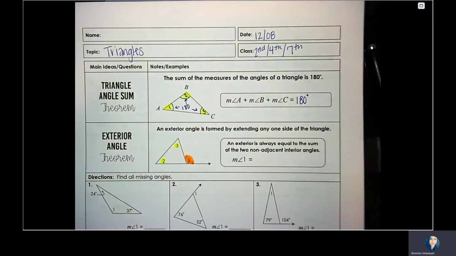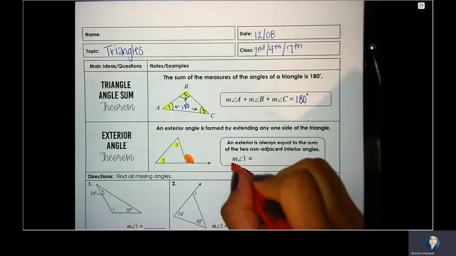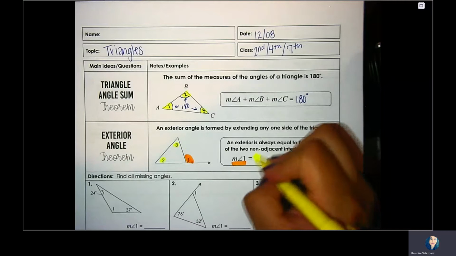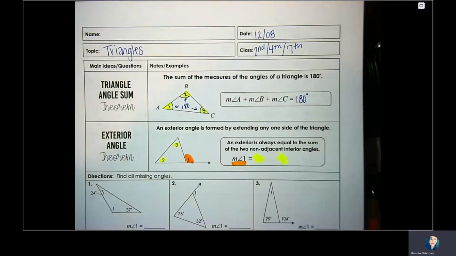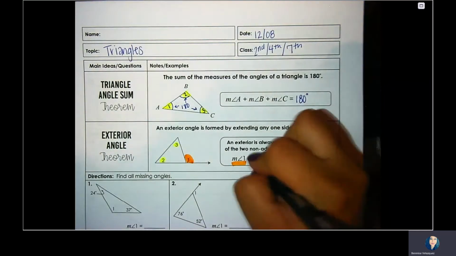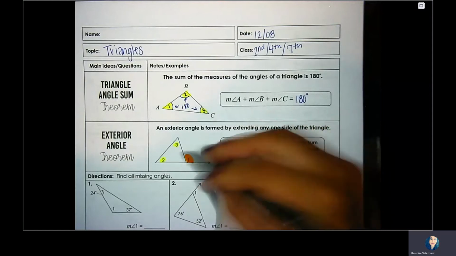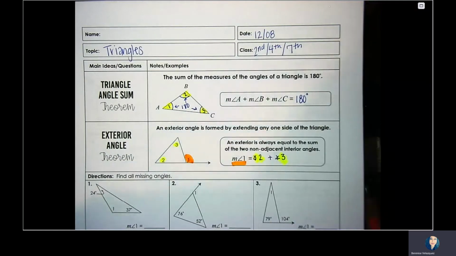So if you're ever trying to find angle 1, which is on the outside, an exterior angle, what you do is take the 2 angles on the inside and add them together. So you take angle 2 plus angle 3 and that automatically gives you angle 1.